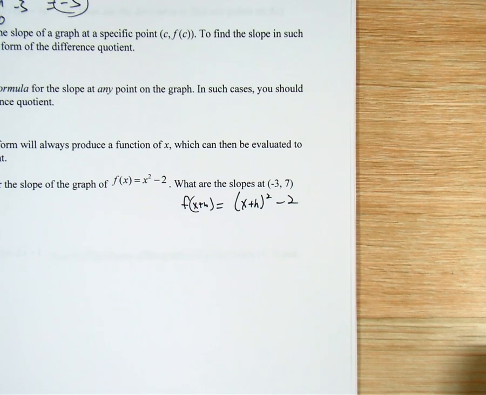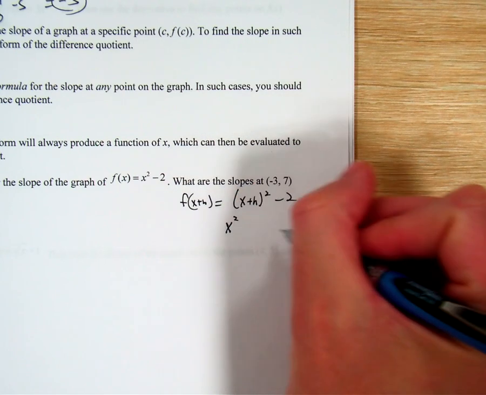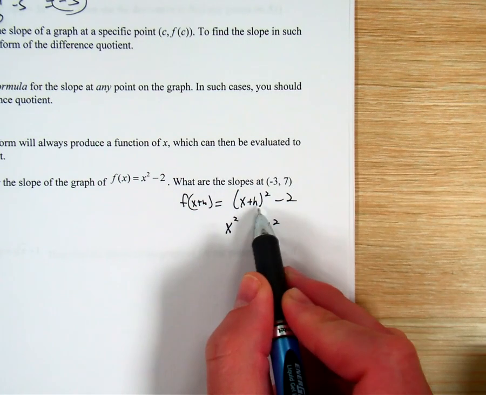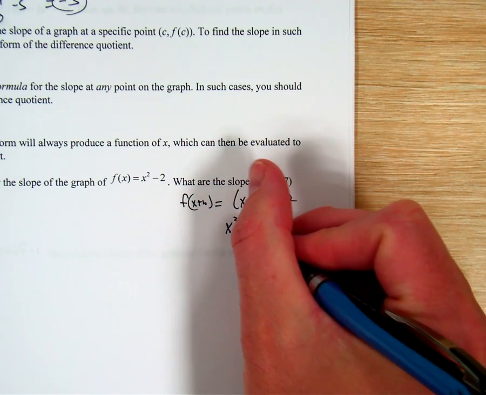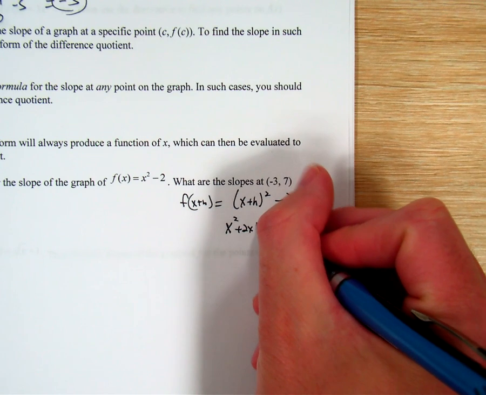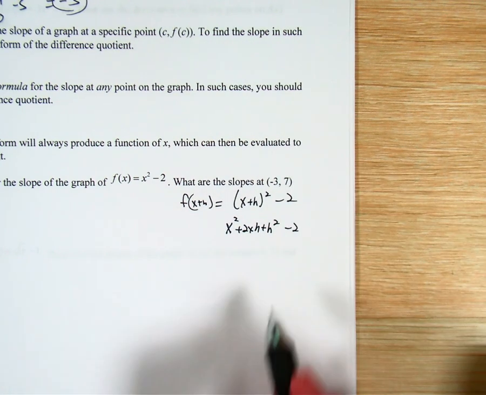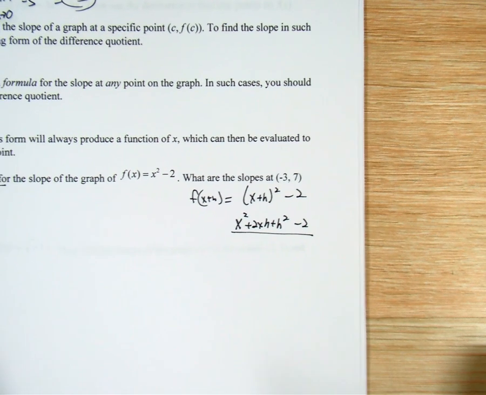Hopefully we're in PreCalc, we can square a binomial. We're going to have the first one squared. We're going to have the last one squared. Multiply those two together and double it for the middle. X times h times 2, plus 2xh. So that is f of x plus h.